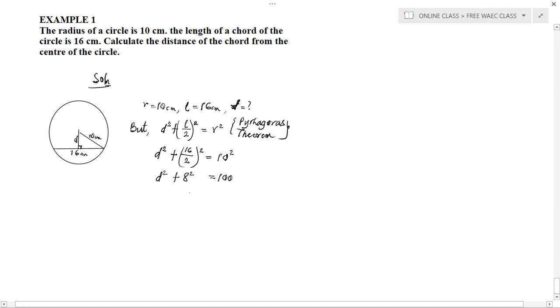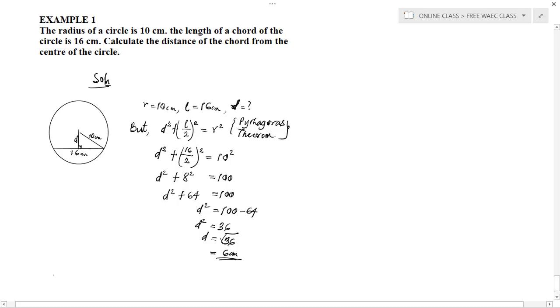We have D squared plus 64 equals 100. D squared equals 100 minus 64, that is D squared equals 36, D equals square root of 36, and the final answer is 6 centimeters.